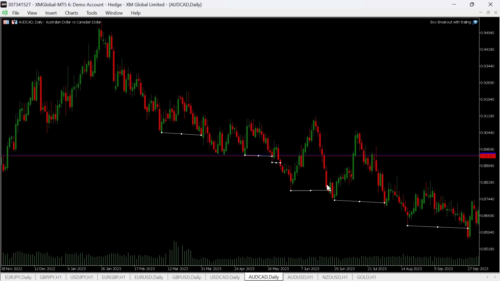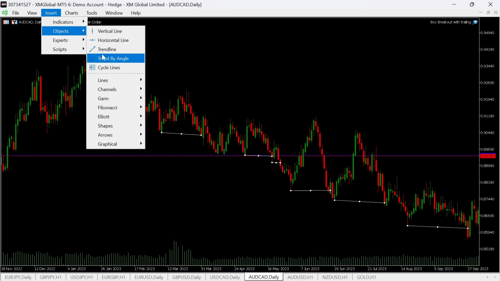Yes, and then after this lower low from this higher low, and then after this low here was passed right at this point, this is another break of structure. We can also see here another high was formed. So when this low here was broken, there's another break of structure here.